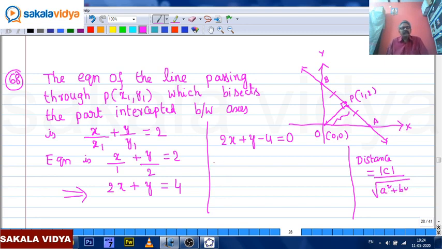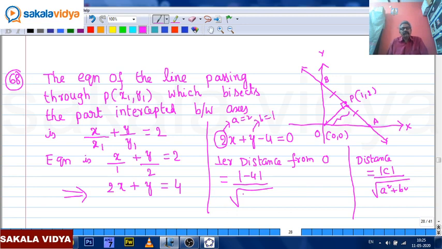So the perpendicular distance from O is equal to mod minus 4 by root of, A is 2 and B is 1, 2 square 4, B square 1. 4 by root 5. This is the answer.